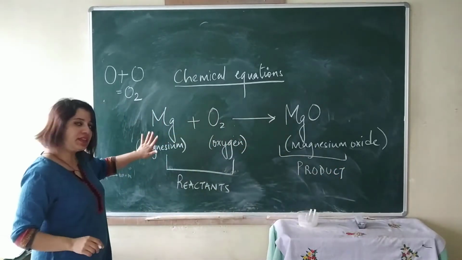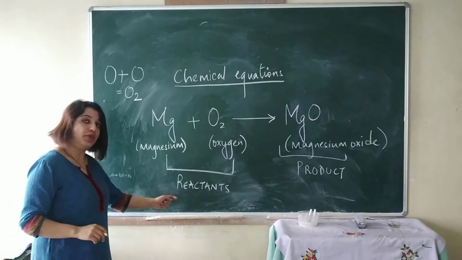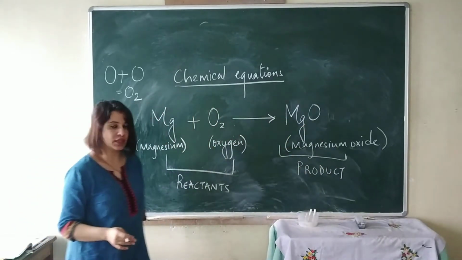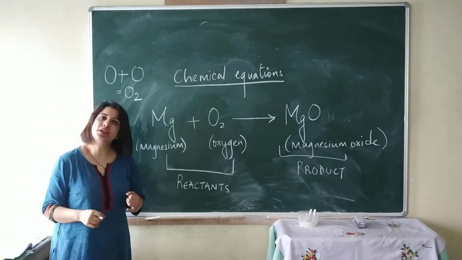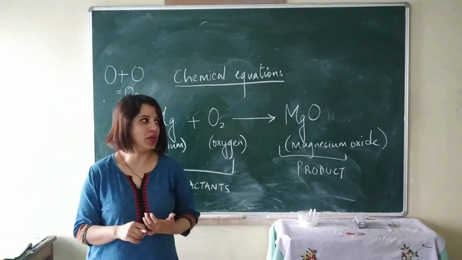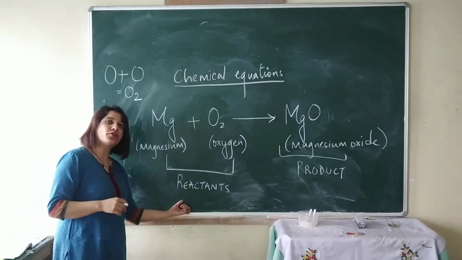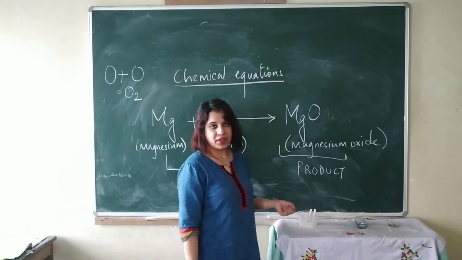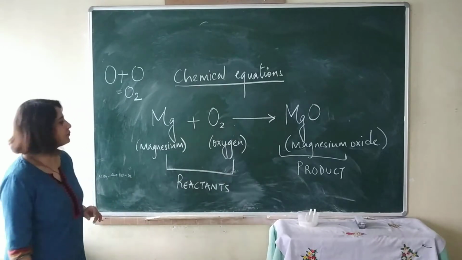Left hand side denotes reactants, the right hand side denotes product. So the first information that we get from a chemical equation is the names of the reactants and the names of the products.